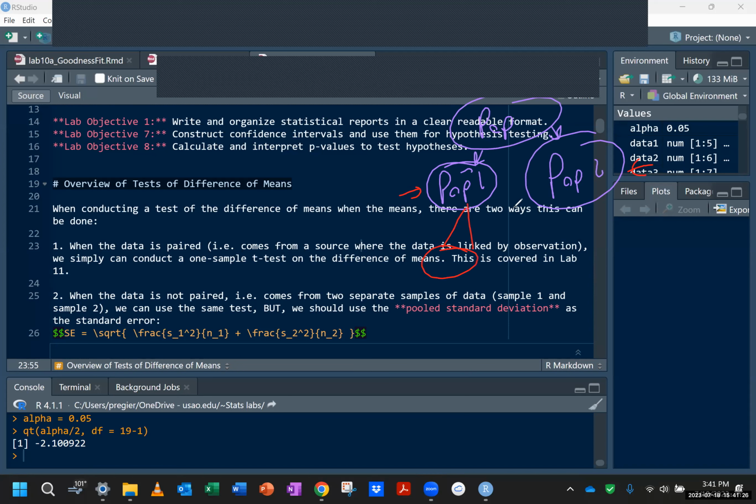From each of these populations, we take a sample, and from each sample we have a mean, X bar 1 and X bar 2. We also have the standard deviation of the first sample, the standard deviation of the second sample, and the sample size. They could be different. If they are different, it is always a test of difference of means. Having different sample sizes is an indication that we're not dealing with paired data.